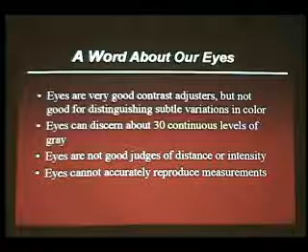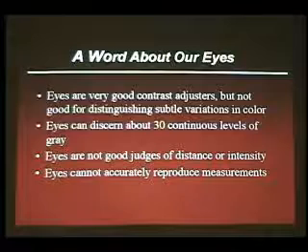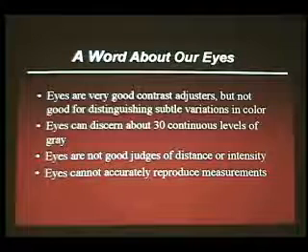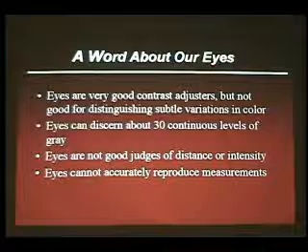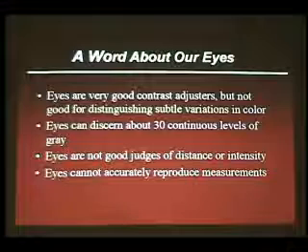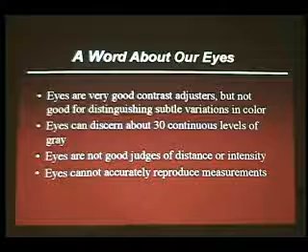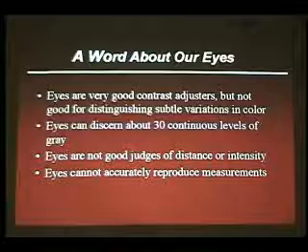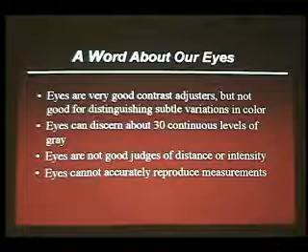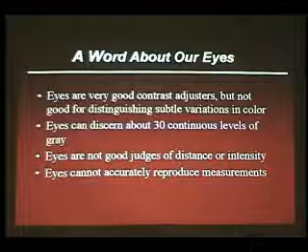Again, this is just one of my slides that I stole from another presentation, but it's highlighting why you might want to use image processing instead of relying on your eyes. And the reasons are fourfold here. The eyes are good at contrast, which means they can adjust to dark and light conditions automatically, sort of like an auto gain camera.